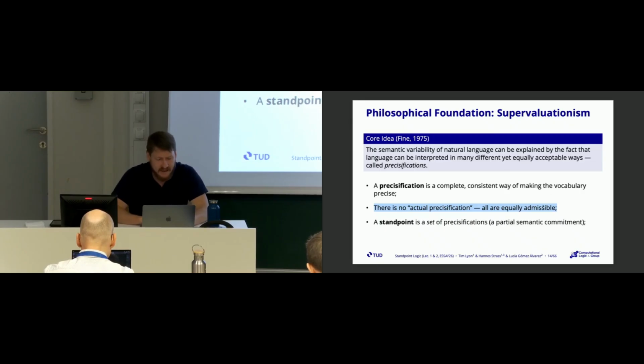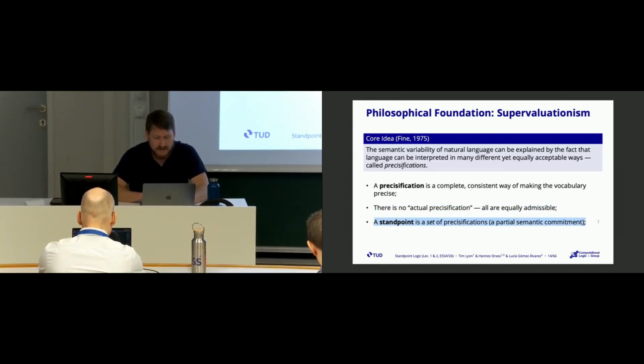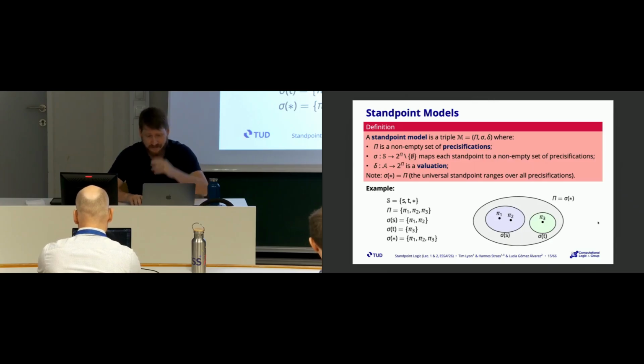Right? Now, for us, a standpoint is going to be viewed as a set of precisifications, which represents essentially a partial semantic commitment. So from a particular standpoint, one might have multiple ways in which they use language, and this is encoding this fact. So let's make these models precise that are based on this philosophical idea.